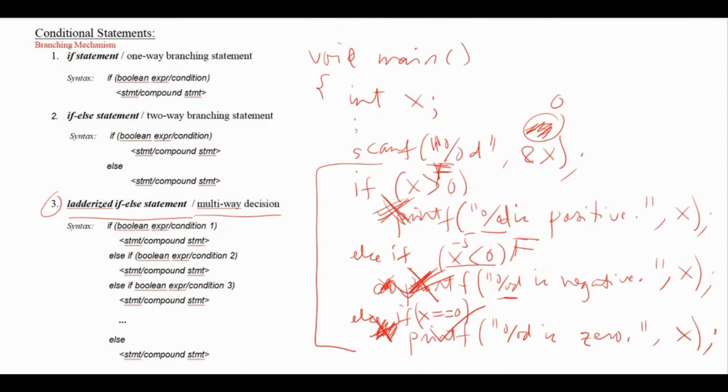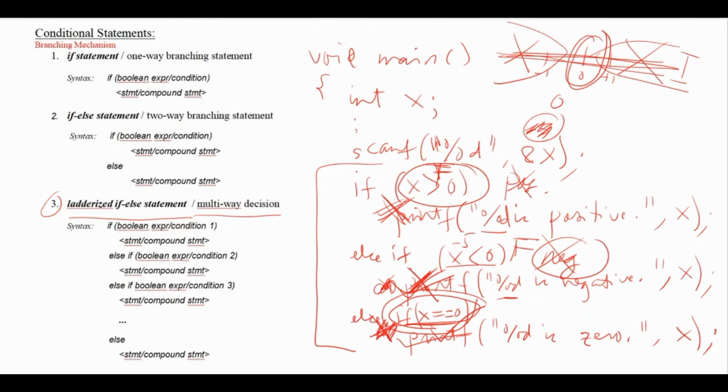Again, there is no need to put this condition because if x is not greater than 0 and not less than 0, then on the number line, remember, if that is 0 and this is positive 1 and this is negative 1, if x is not here and not belonging to that, then your x is 0 because there is no other value left in the set of integers.